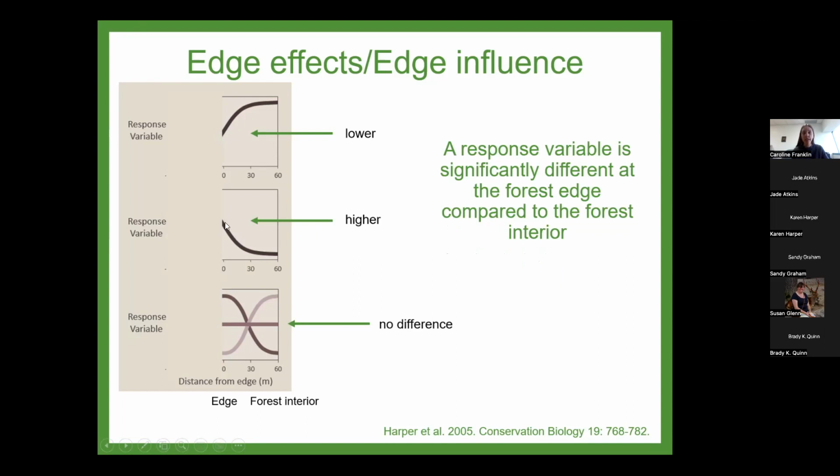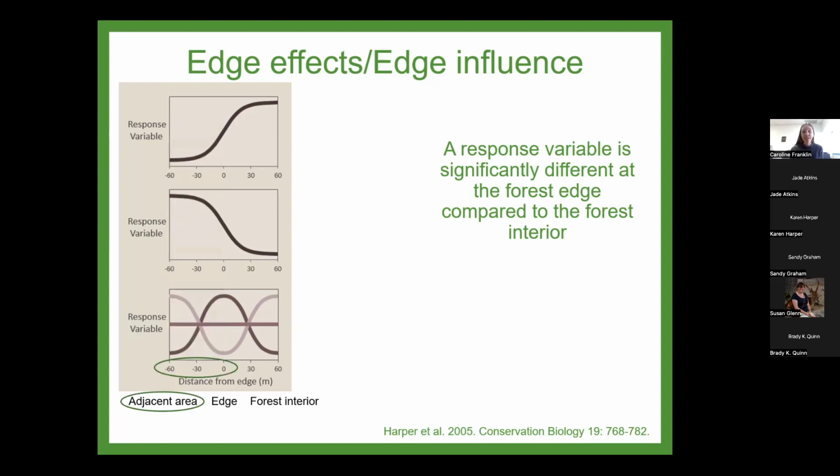In the middle case, the response variable is higher at the edge compared to the interior. And this straight line here in the last plot is representing no significant difference. So here we see that that particular response variable, whatever it may be, wasn't actually affected by the forest edge. And so we see that straight line there.